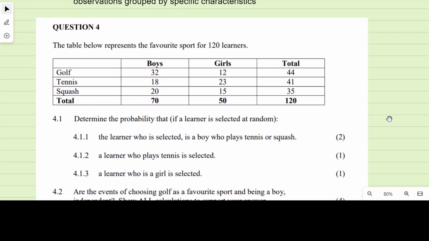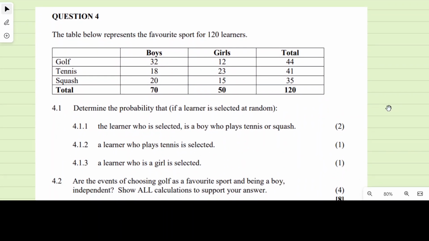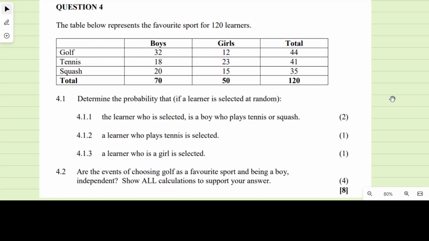Determine the probability that if a learner is selected at random, 4.1.1, the learner who is selected is a boy who plays tennis or squash. So remember the formula for probability.